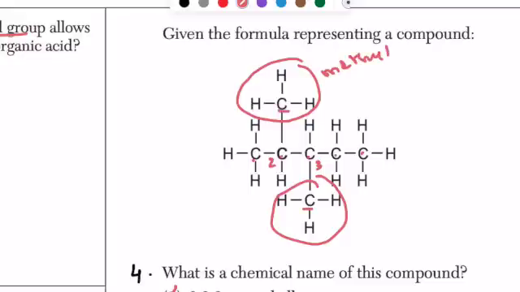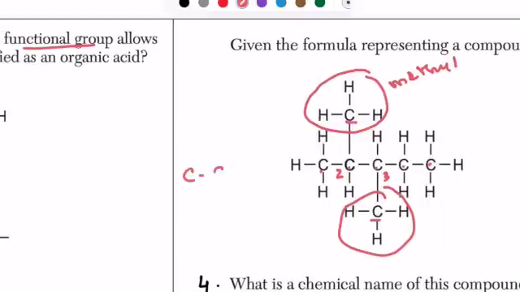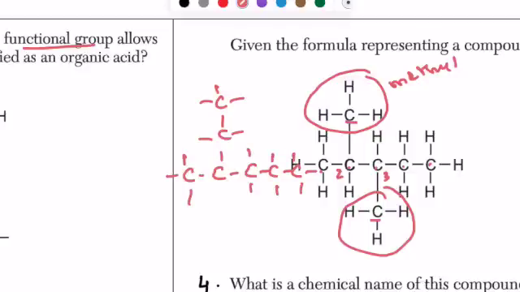So 2 methyl branches, one at carbon 2, one at carbon 3. So that should be 2,3-dimethylpentane. This is not an ethyl, because ethyl would look something like this. Ethyl means you have 2 carbons in the same branch.